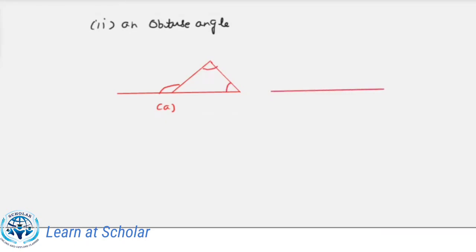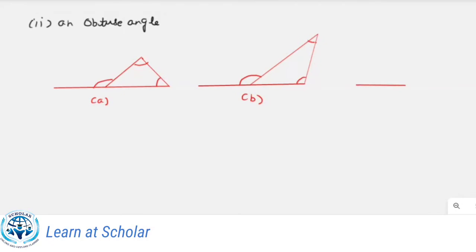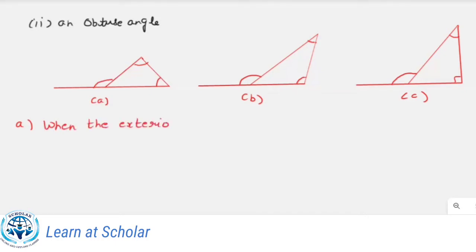The second possibility is this one. Now the third possibility, when the exterior angle is obtuse.